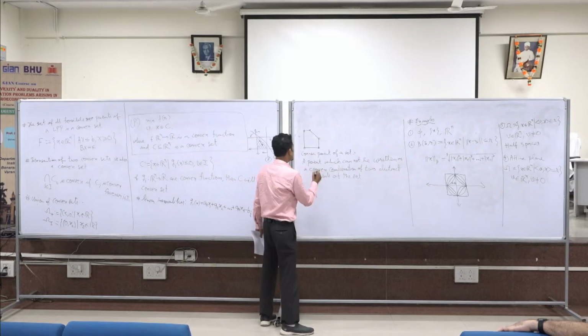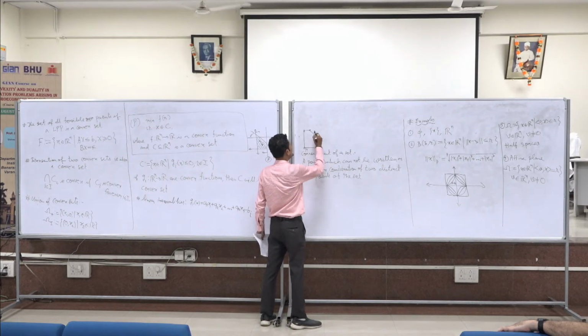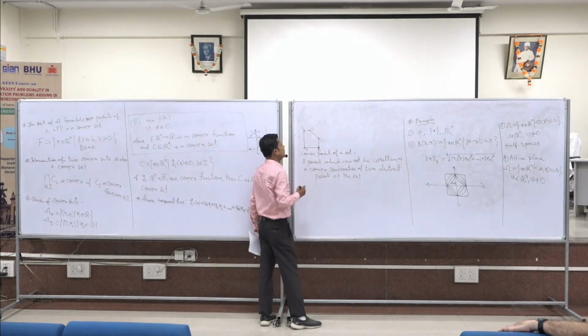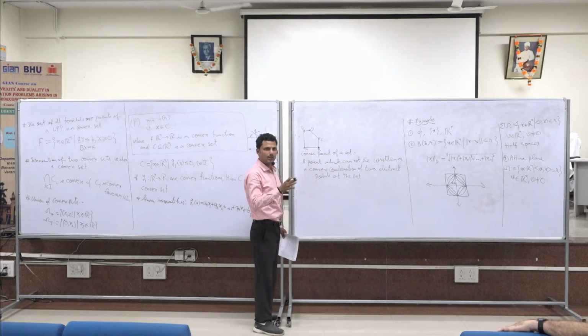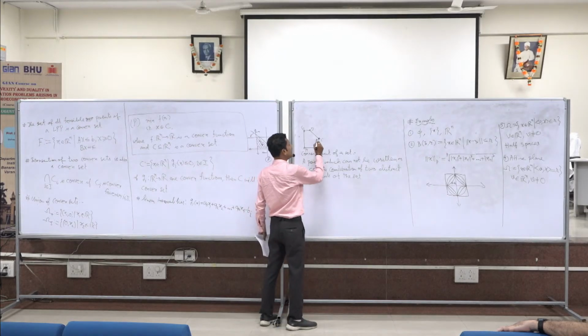Suppose you take this point. These are A, B, C, D, E, different points. Can you find 2 distinct points of the set whose convex combination will be this point C?